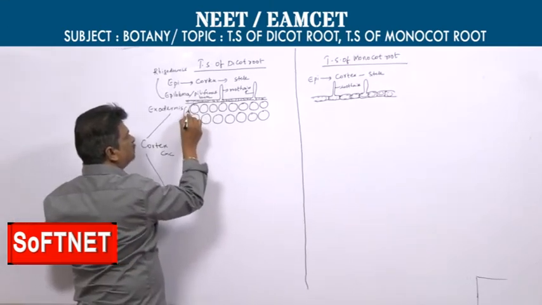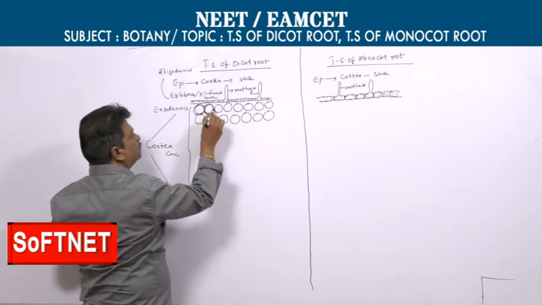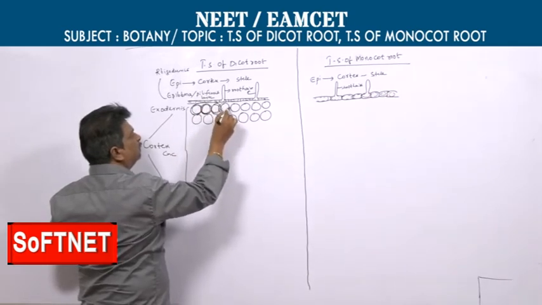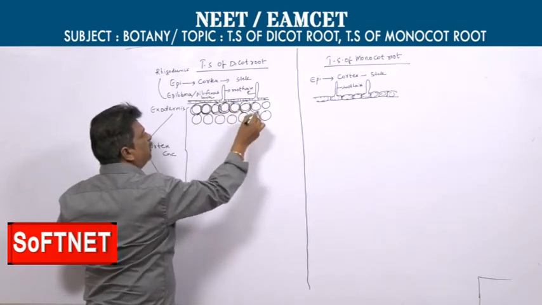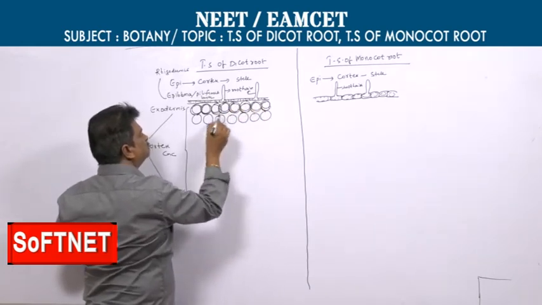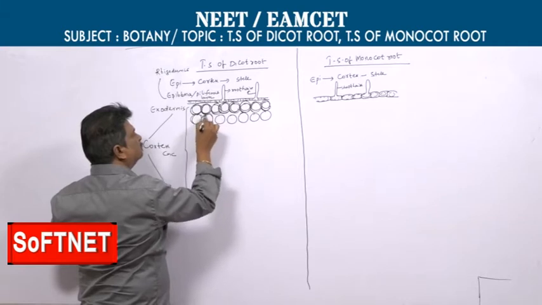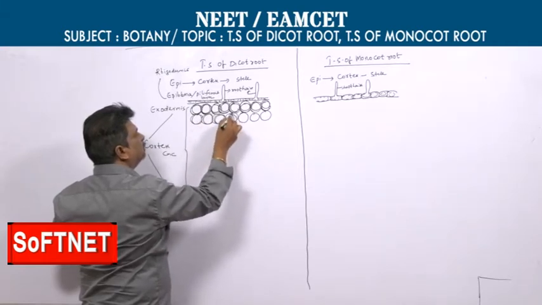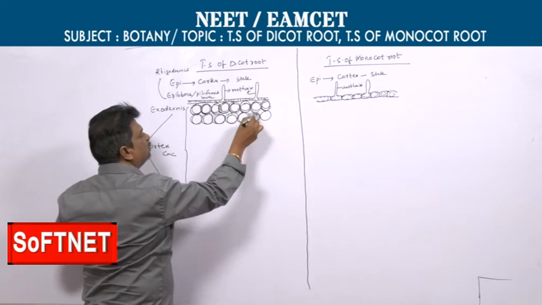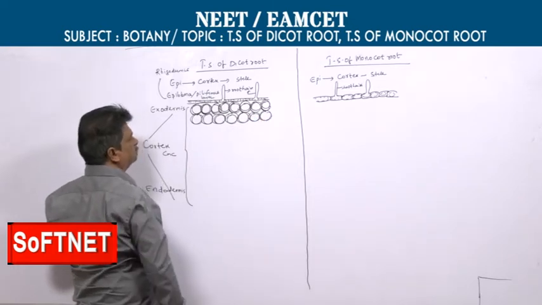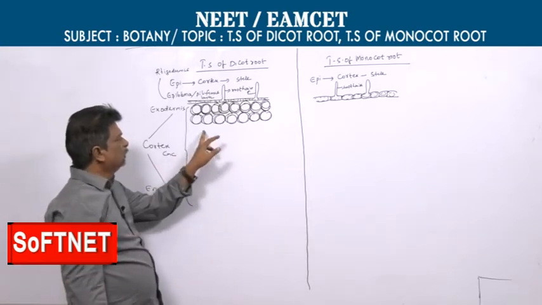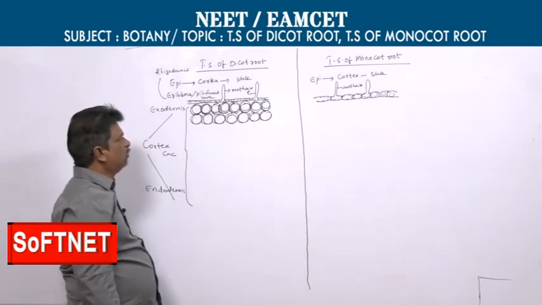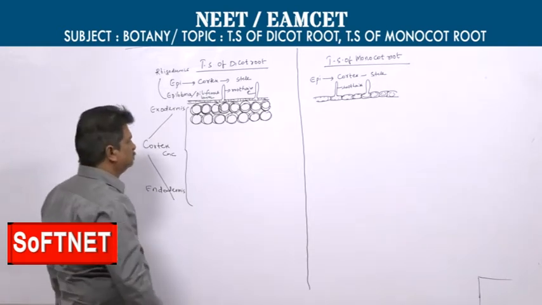First one, exodermis. The cells below the epidermis are initially parenchymatous. Later, due to deposition of suberin, they become thick-walled, called exodermis.